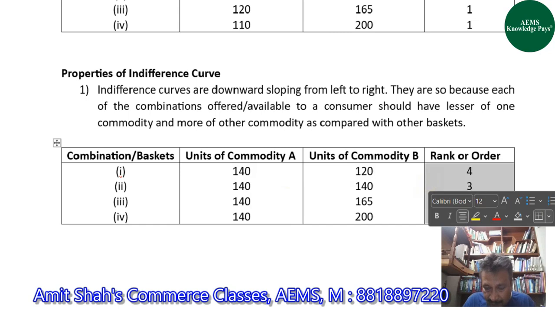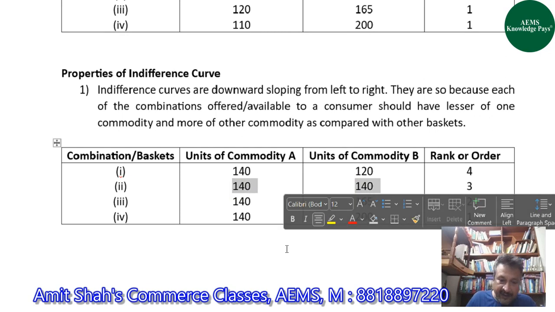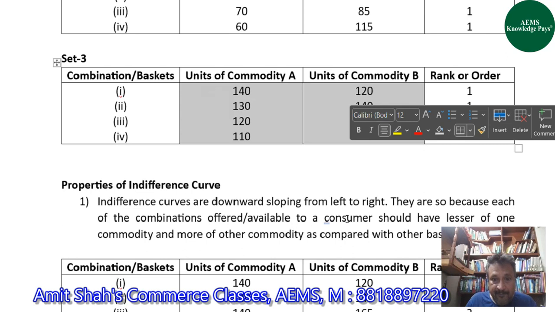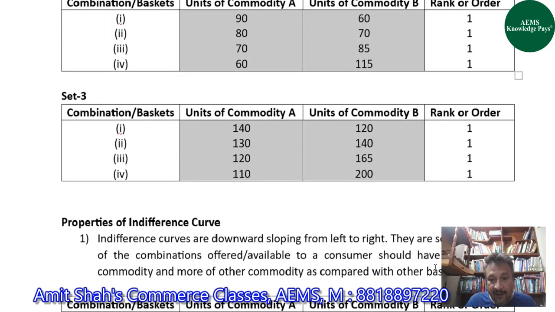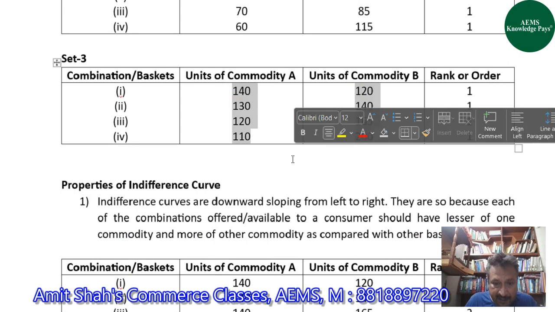So to have equal level of satisfaction from all the four baskets, if units of one commodity is increasing, units of the other must decrease. And that is what is happening everywhere. You can check it out. And since this happens, when units of one commodity increases and units of the other commodity decreases, when we make a curve, obviously it would be downward sloping from left to right.